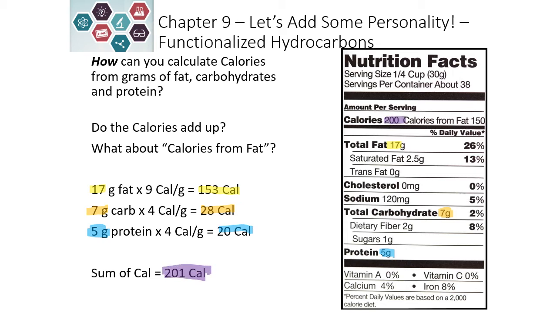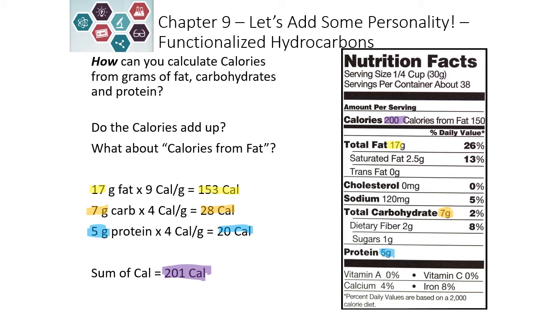So on food, the labels tend to be rounded, to the nearest 5 calories. So if we have 201 calories from the grams, quite frequently you'll see it labeled as 200 calories. Okay, so it does tell us we have 17 grams of fat.